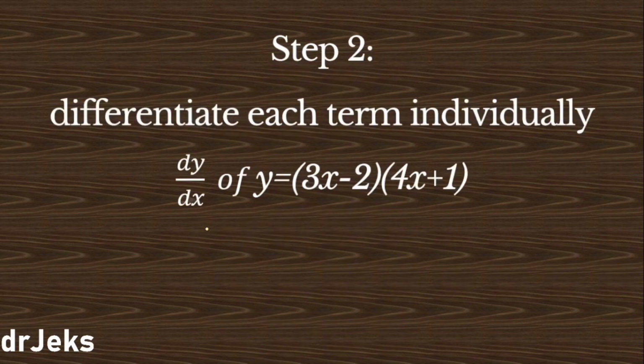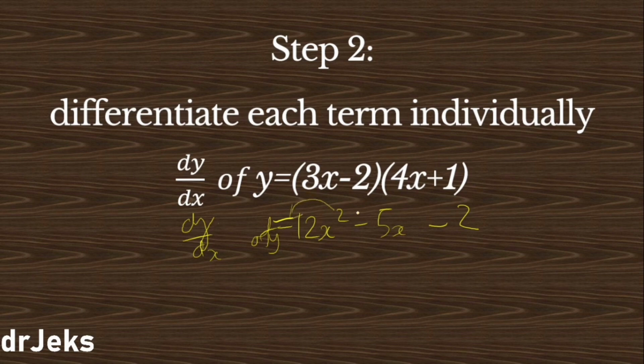Now the next step is to differentiate each term individually. So like we said, the expanded form here is 12x squared minus 5x minus 2. Now to find dy/dx of 12x squared minus 5x minus 2, we will differentiate each term individually. So dy/dx will be equal to the derivative of 12x squared, which is, we'll bring that 2 and multiply by 12.